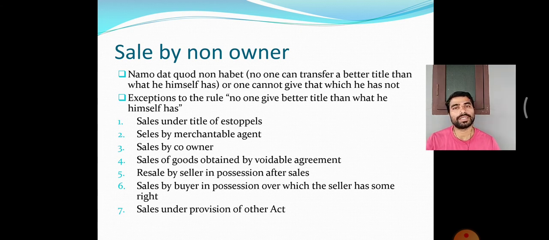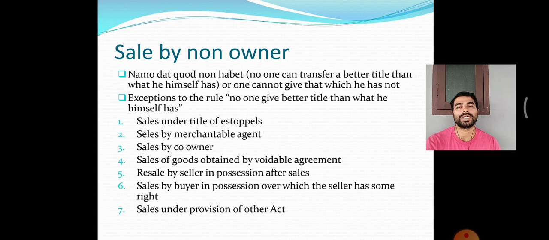Actually B is not the real owner because this agreement between A and B is voidable. So when B sells this car to Mr. C, and C purchased this car in good faith without any understanding of whether this contract is void or voidable, then that title will be transferred to Mr. C.